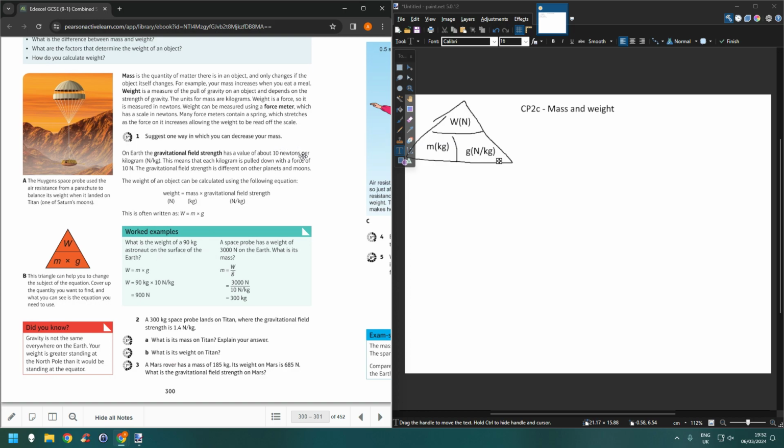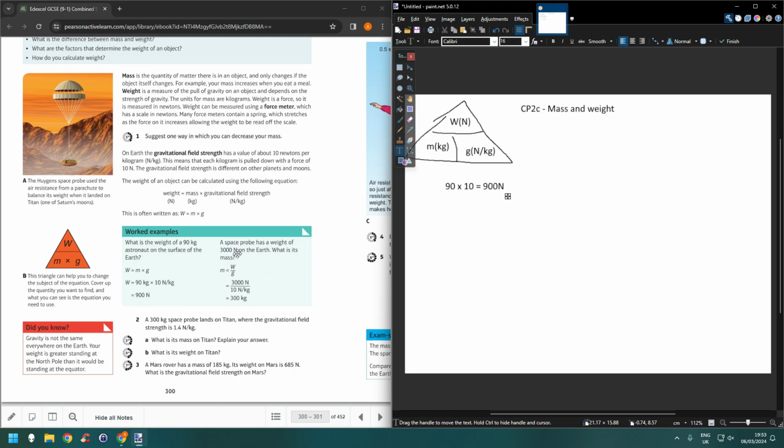The gravitational field strength on the surface of the Earth is 10 newtons, so we can do 90 kilograms multiplied by the gravitational field strength of the Earth, which is 10. So we've got 90 kilograms, 10 newtons per kilogram, and that equals 900. So the weight of the astronaut on Earth is 900 newtons.